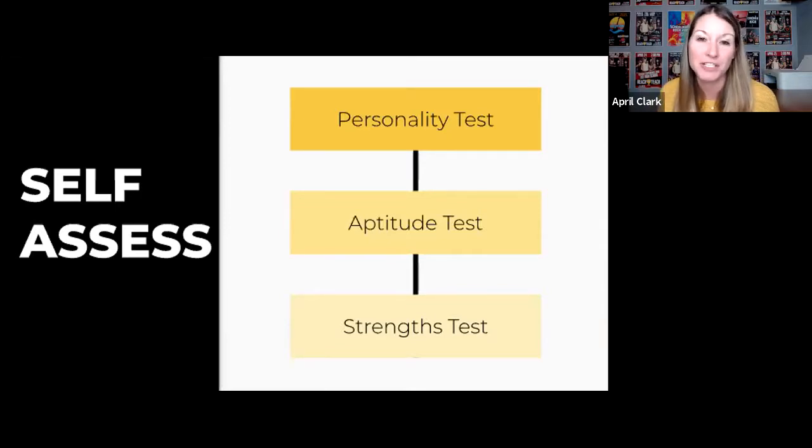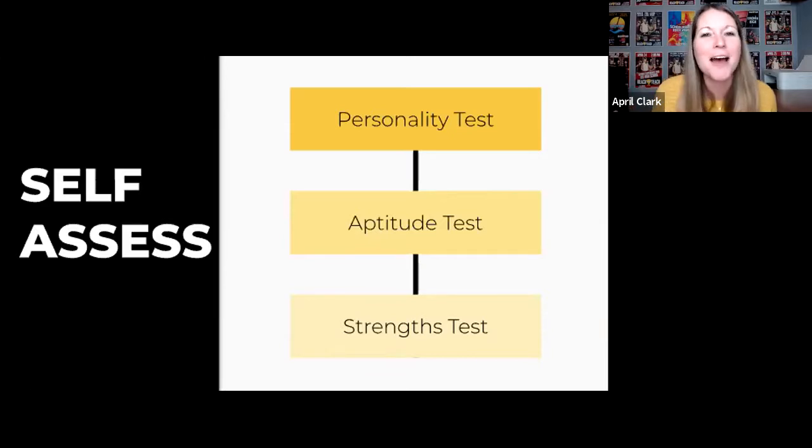Learning about your own personality is extremely important. And I wish so much that I would have done it at a younger age. So I would definitely recommend providing those resources for students to utilize, whether it be the Myers-Briggs personality test or some other personality test, for them to really get to know who they are.